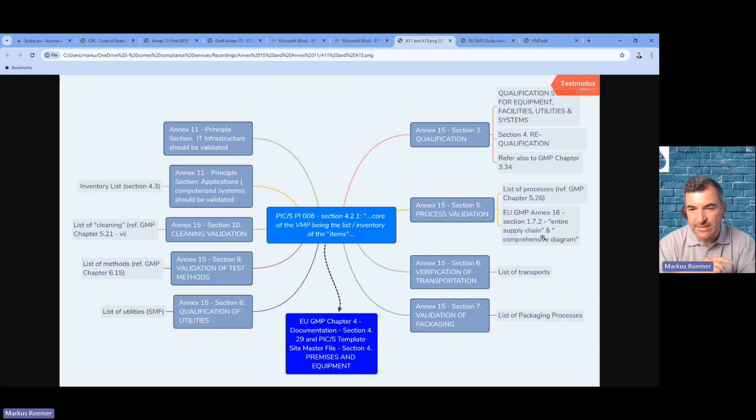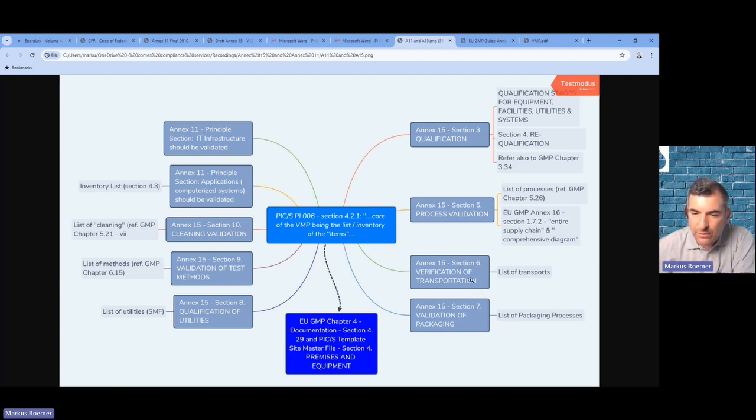So which processes are combined or used to produce product A, B, C, D. So you also need to have a list of your products and a list of your processes. Ideally, this is written in a comprehensive diagram showing data flows, material flows, and so on between the different process steps.